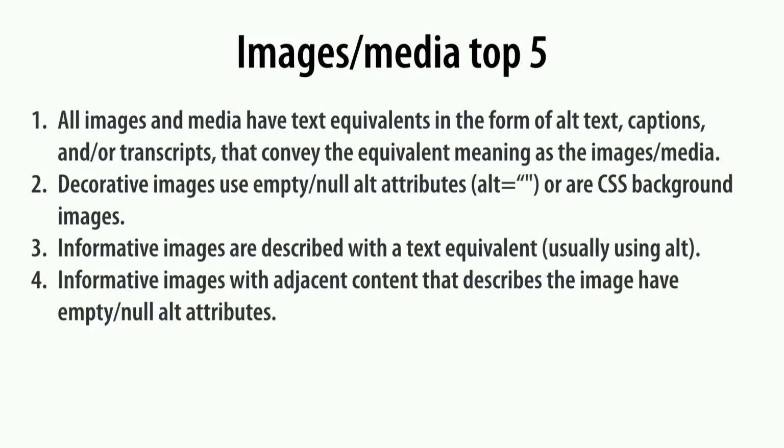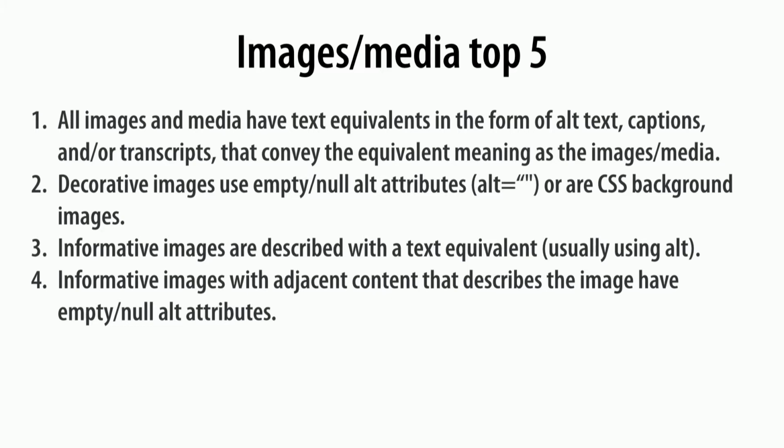Informative images with adjacent content that's exactly the same, this is a complex one, should have alt equals quote, quote on it. Right? Because the idea is, we sometimes link a title and say a book cover or something, and the book alt text is the name of the book. So it'll say The Martian, and then the text underneath it also says The Martian. So when a screen reader user gets to the link, it'll say link, The Martian, The Martian.